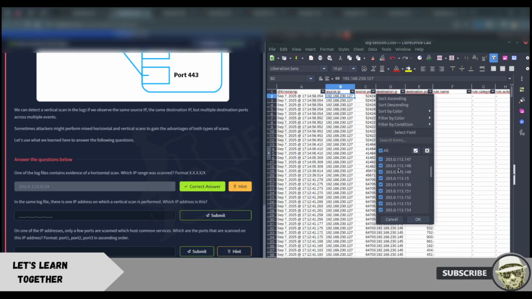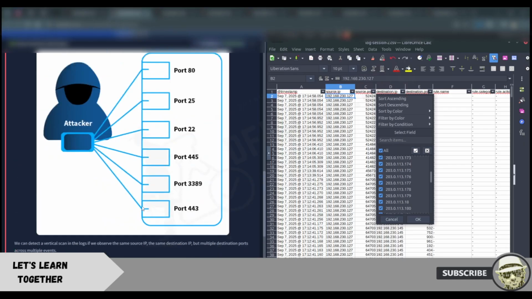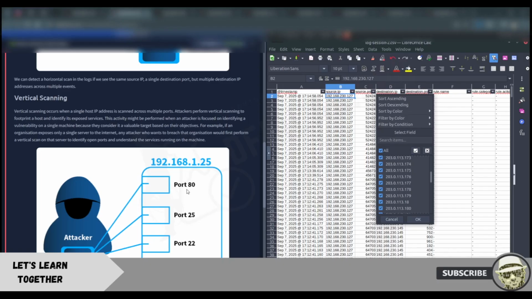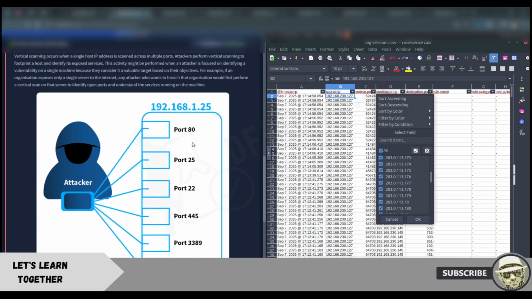So CIDR 24. Now, in the same log, there is one IP address on which the vertical scan is performed. Vertical scan. So, one IP searching for many and many.